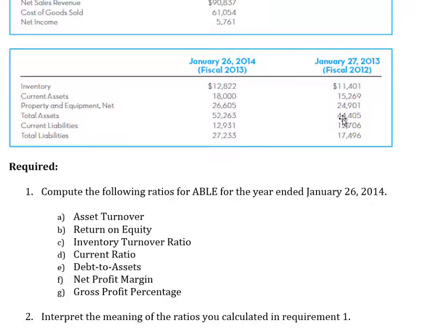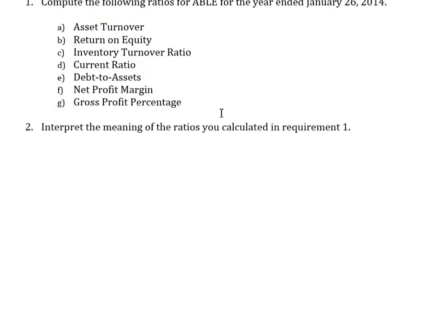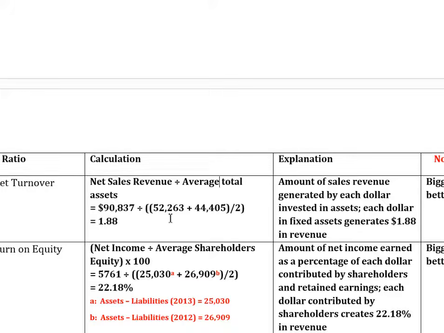So we're going to add the opening balance and the ending balance. This was the end of January 2013, and this is January 2014. So I want the oldest balance added to the newest balance and divided by 2. That's all I want.